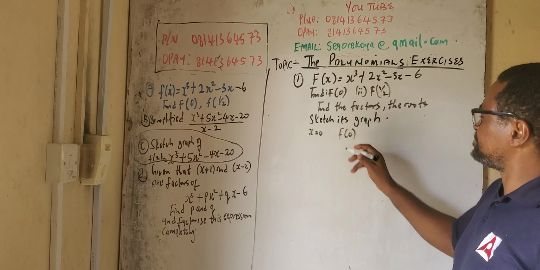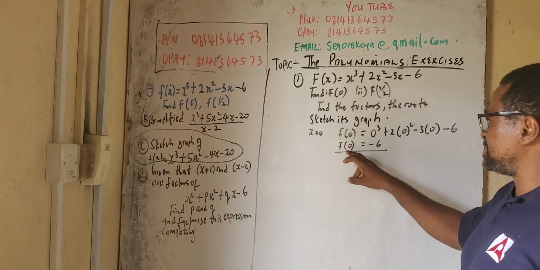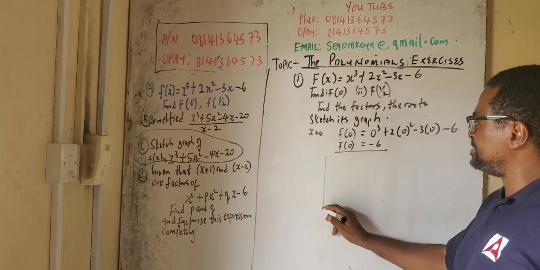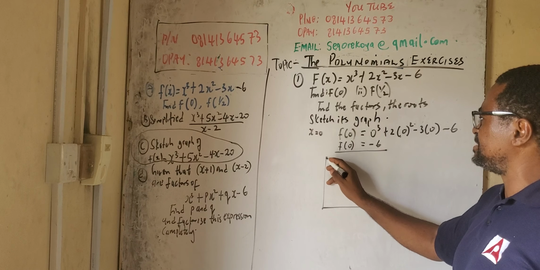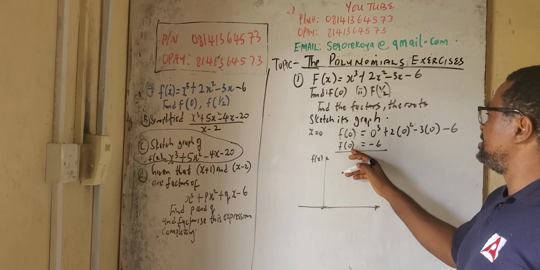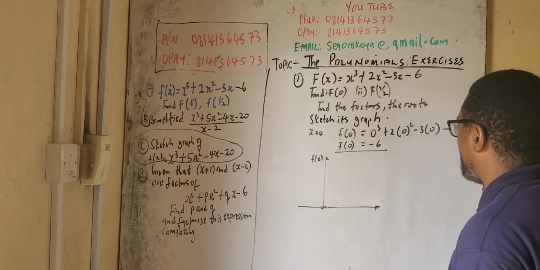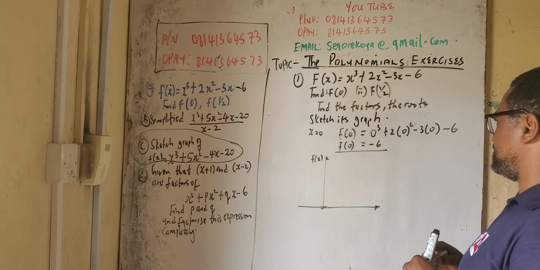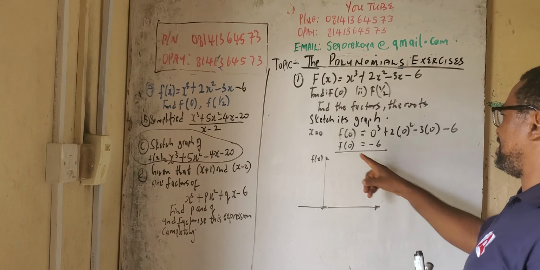What this one is saying is that f of x is on the y-axis in the Cartesian coordinate system. So this question is talking about when the value of your y is minus 6, the value of your x is 0.